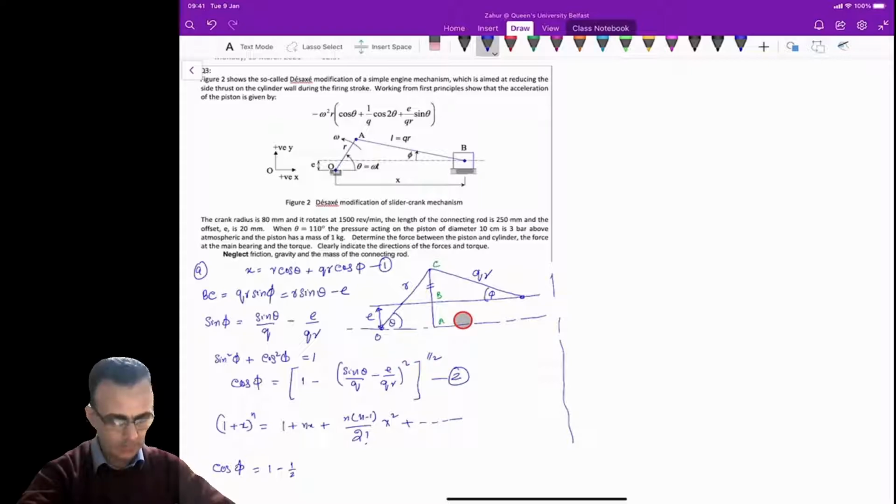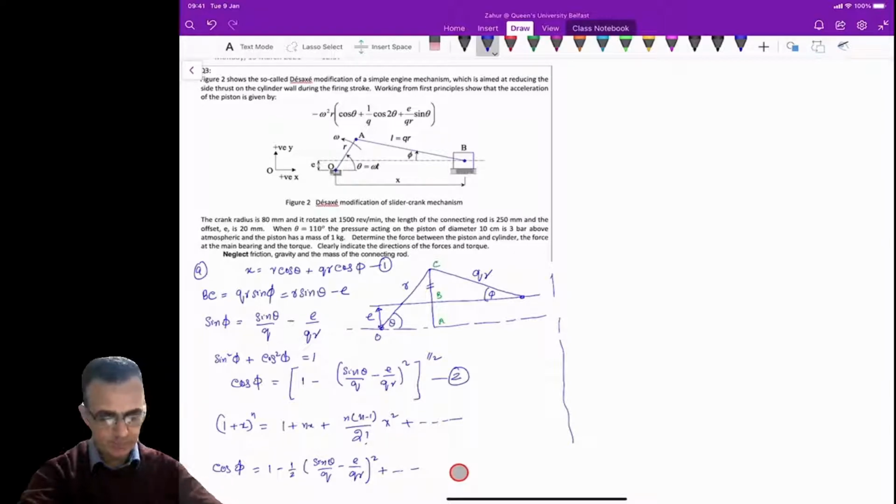So it becomes minus half, sine theta divided by q minus e divided by qr, square, and so on. But we are ignoring the remaining terms here. So from here you can simplify this equation, and now this is our equation 3 here, which is the simplified version of this equation 2.